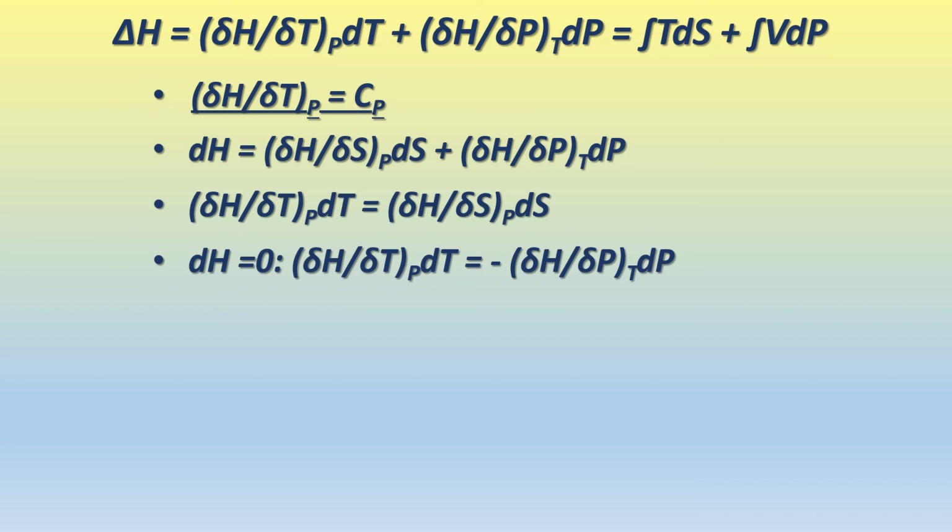If the enthalpy change is zero for an isothermal system, the change of enthalpy with respect to T at a constant P is going to be minus the change of enthalpy with respect to P at a constant T.